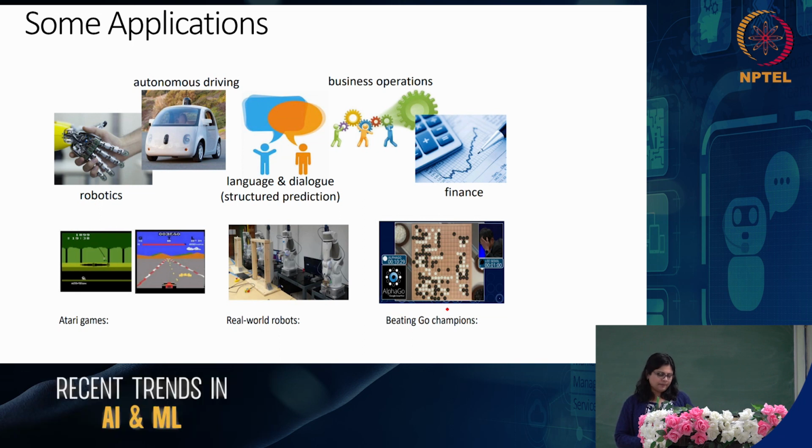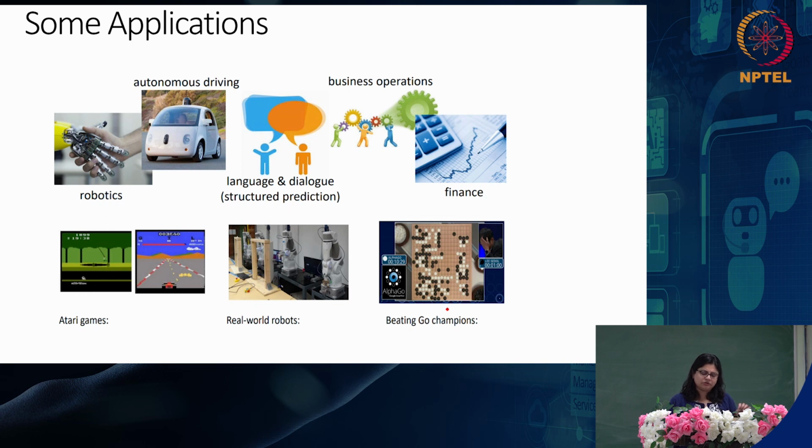That is a problem. So there is DDQN and also dual DQN. But in almost all applications like autonomous driving, language and dialogue, finance, Atari games, real world robots, everywhere people are applying this deep RL.